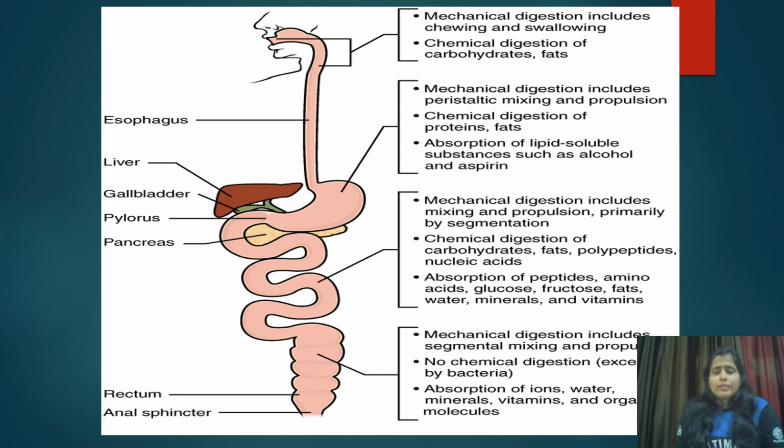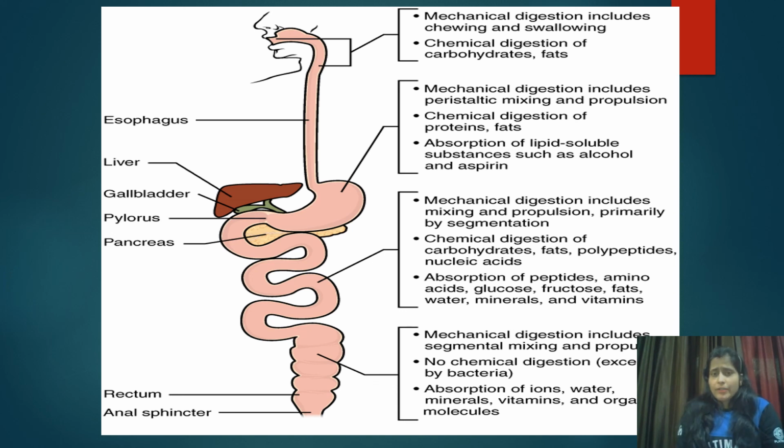Then we have the large intestine, where mechanical digestion takes place but no chemical digestion. Absorption of iron, water, minerals, vitamins and organic molecules takes place in the large intestine. Then finally, through the rectum and anus, the extra waste particles are defecated from our body.